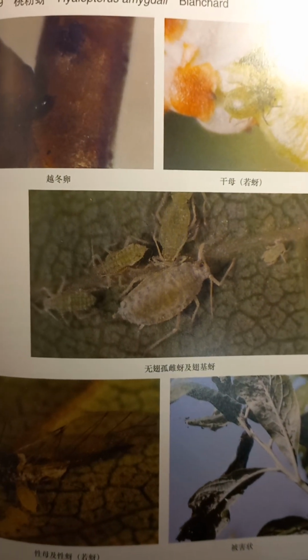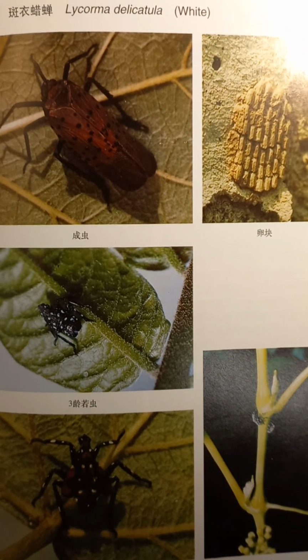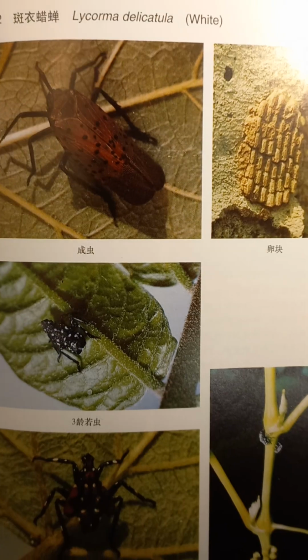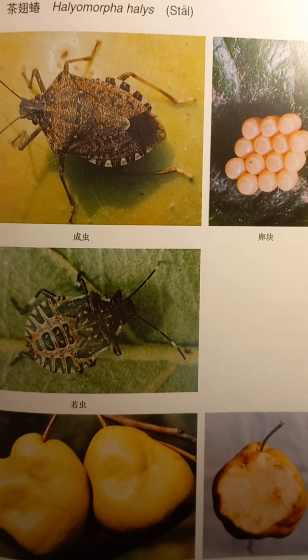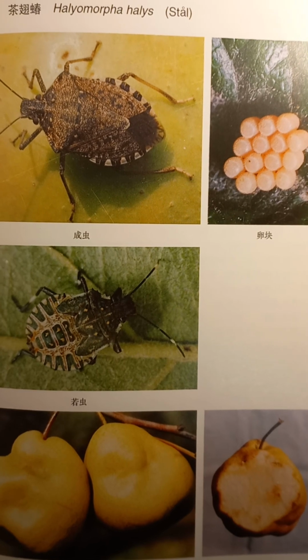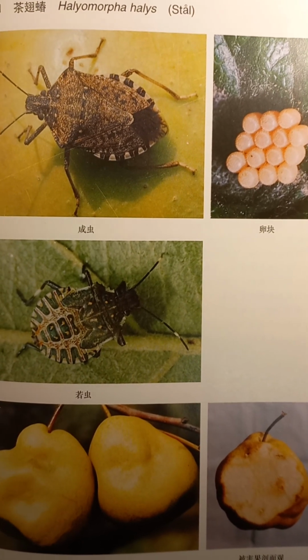And a second part of the investigation needs to be done. This is precise identification of the species to a species level. For that, plant protection specialists need to consult with experts, with taxonomists.